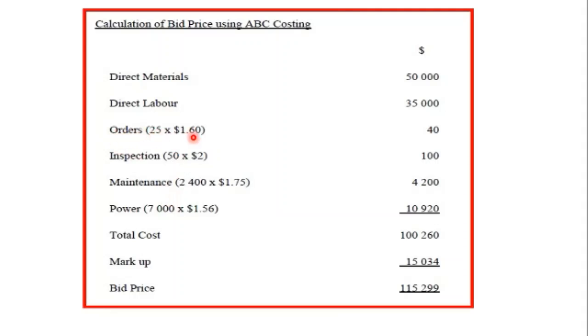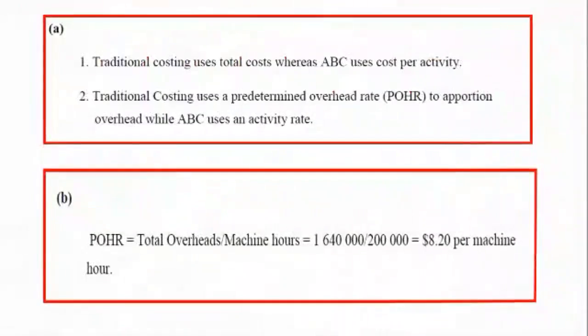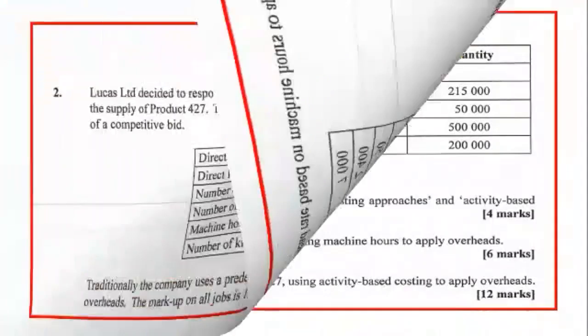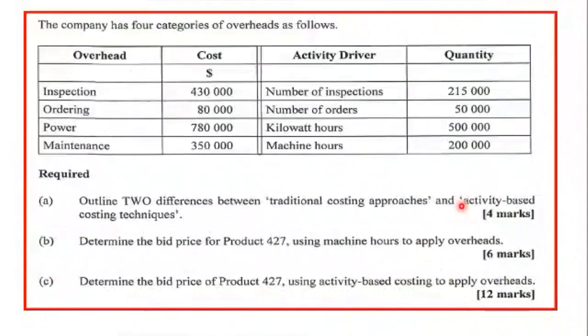Orders 25 by 160, where we're getting the 25, 50, 2400 from is back up right up to here. And they are here, right? This is for job 427 that we are doing the bid for. Okay. Notice we do not come back and use these here. Otherwise, we will get for the whole year. We would not get for the job.